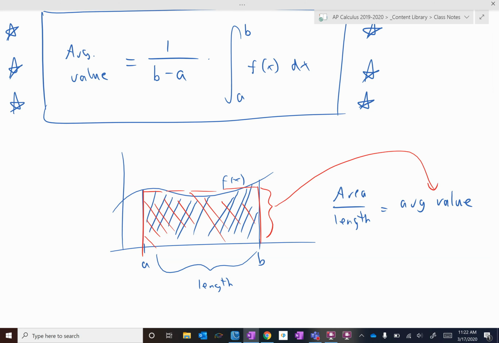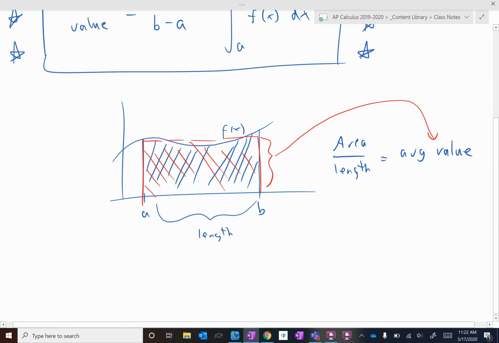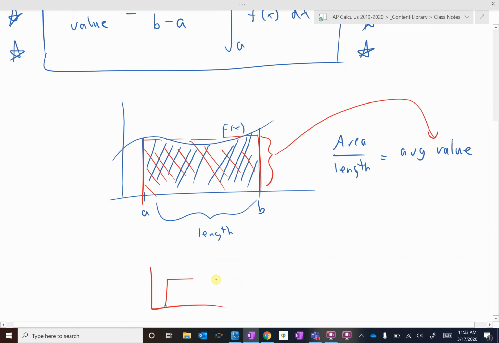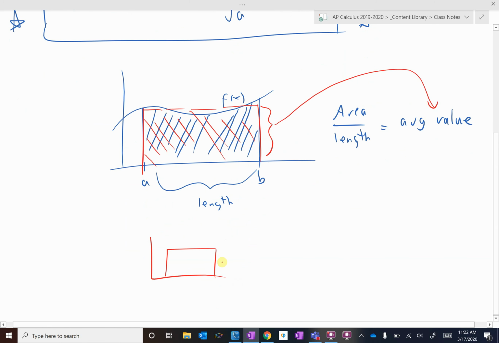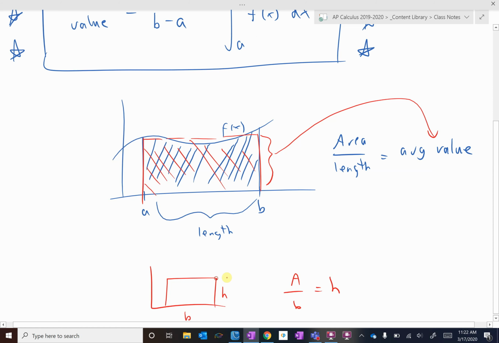But basically, the area under the curve, if we divide the length out, this makes sense mostly for a rectangle. It's really easy, right? Base times height. If we divide the base out from the area, we get the height. The height being the function value that is averaged across all the other function values.